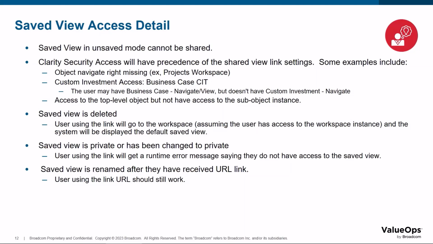So access to the top level object but not access to the sub-object instance, then again the user will not be able to see it if they're trying to get to the sub-object instance.